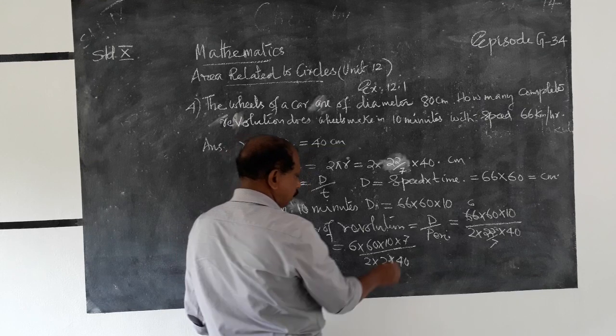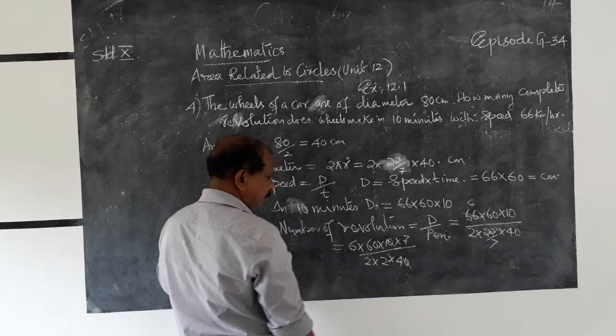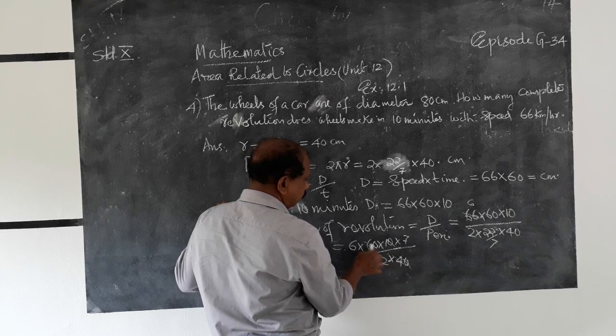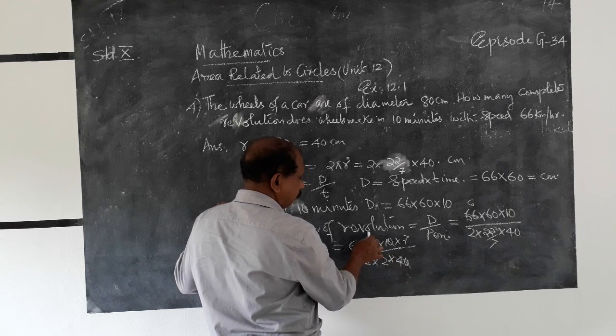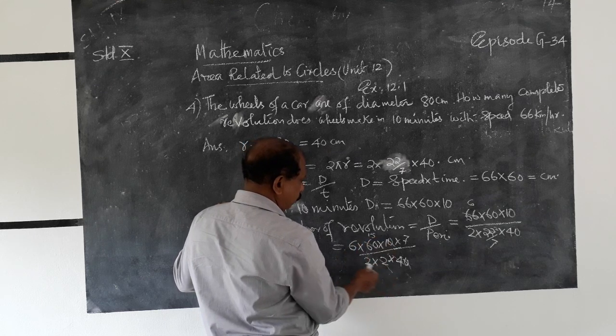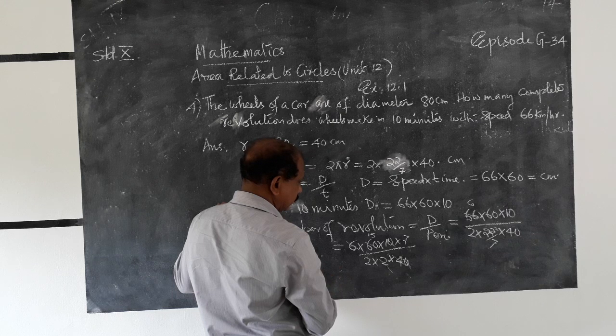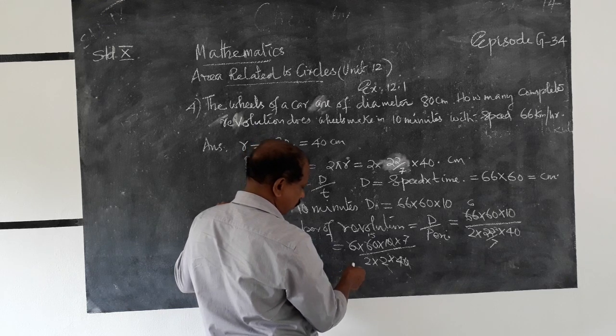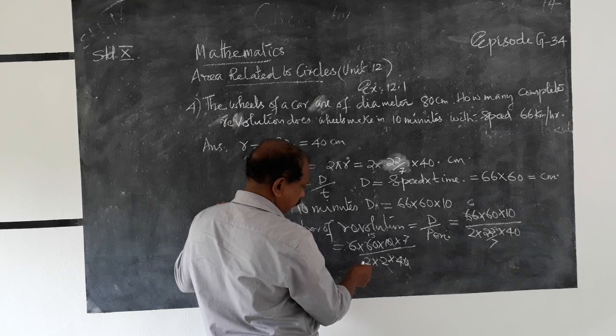Then 0 cancels. Then 4 and 60 give 15. 2 and 6 give 3.